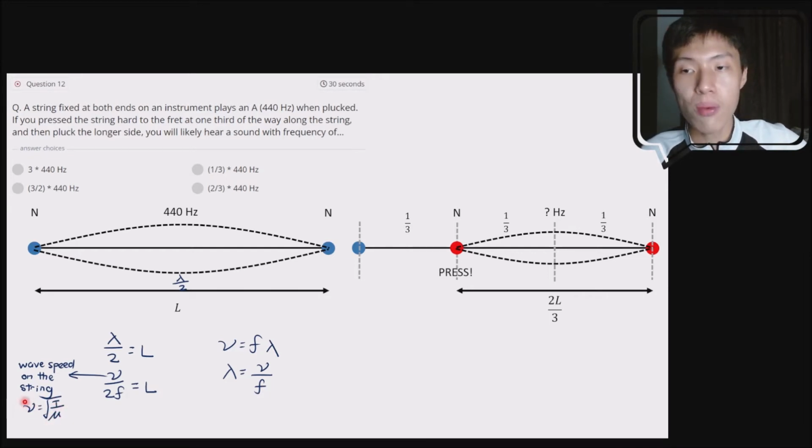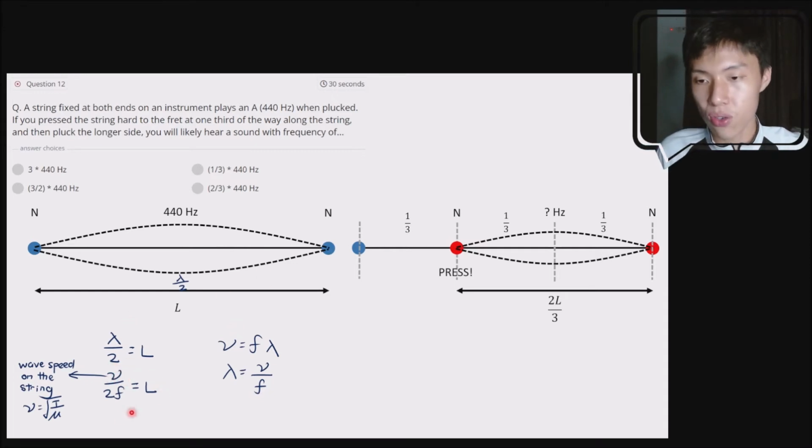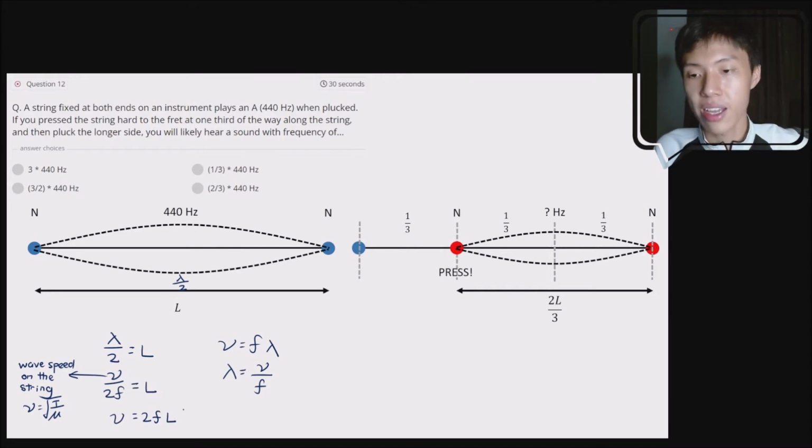Therefore, your V will not change for both situations. For both situations, the V are the same. Okay? So if your V is constant, you can shift it to be like this. V is equals to 2fL. Okay? So this is the first situation.